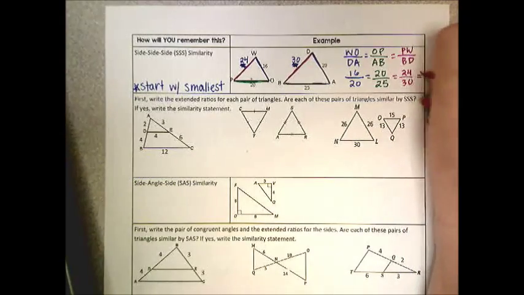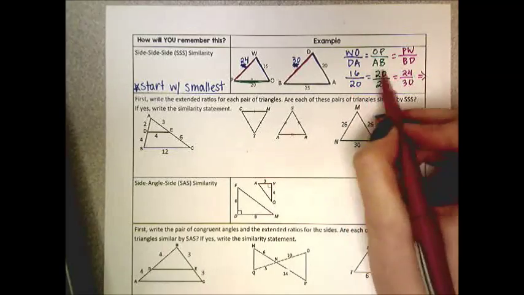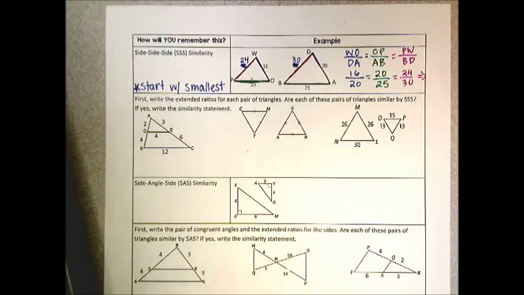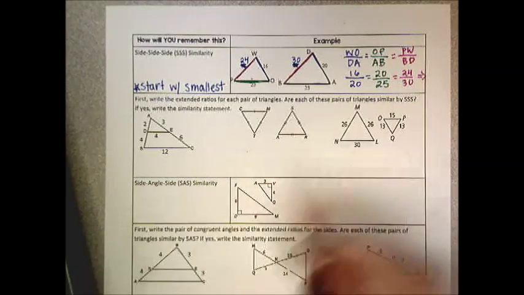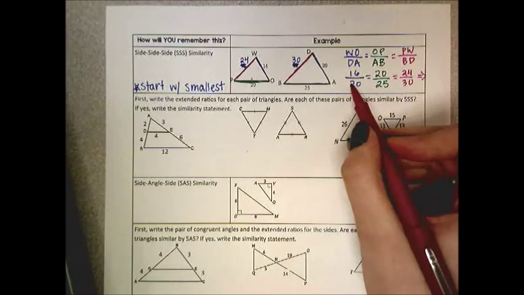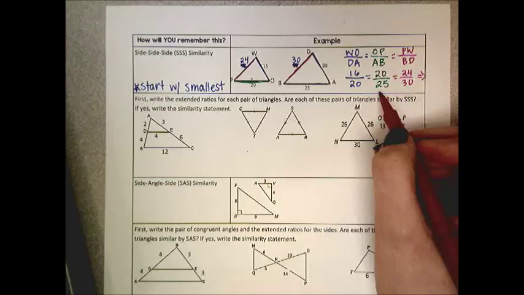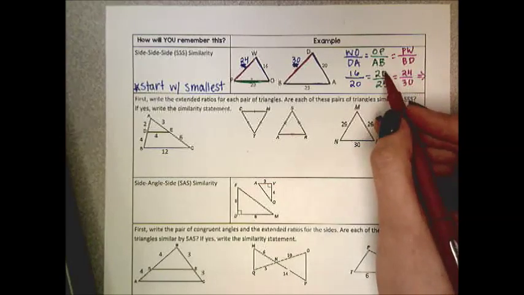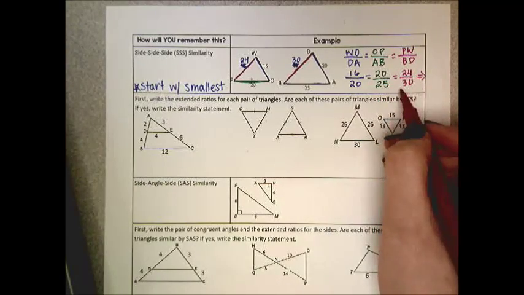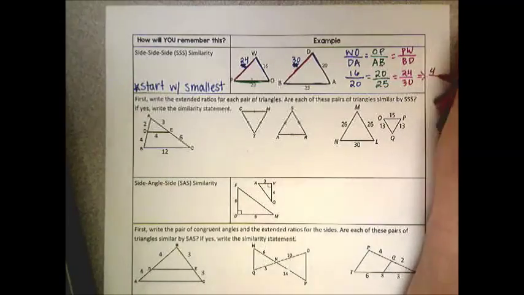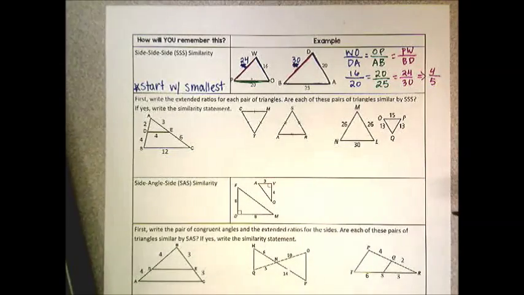If you take a second and figure out what we could divide each of these fractions by to simplify, you might notice that if you divide each one of these by 4, or by 5, or by 6, you're going to end up with all of them simplifying to 4 over 5.